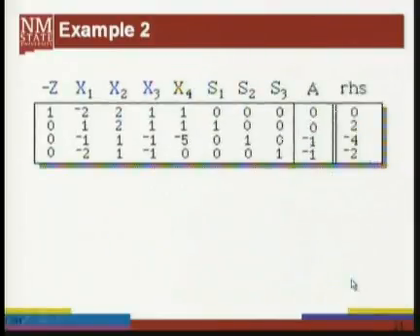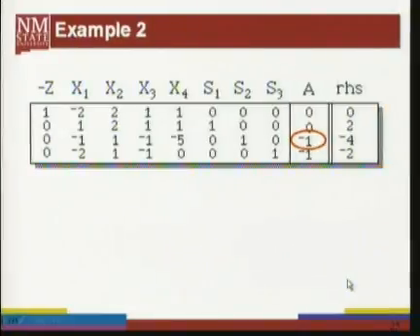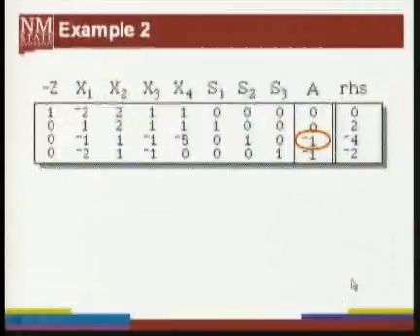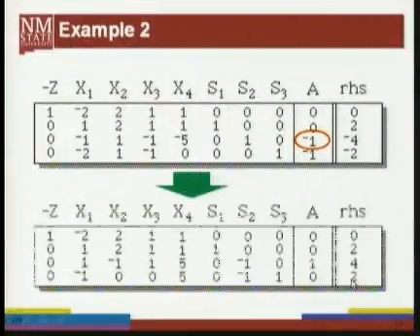And then, if we pivot the artificial variable into the basis in the row with maximum infeasibility, that is, the most negative right-hand side, then the resulting table gives a pseudo-feasible basic solution.